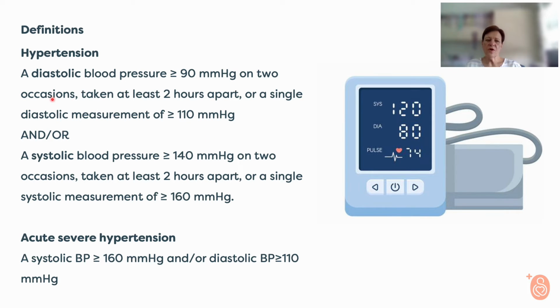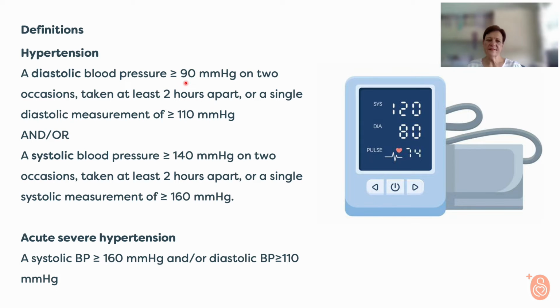Now, the reason why it's important here to take it on 2 occasions, at least 2 hours apart, as I've said previously on the previous slide, is that mothers often are anxious when they are coming for their blood pressures to be measured, specifically if they're coming to the antenatal clinic or the antenatal ward.